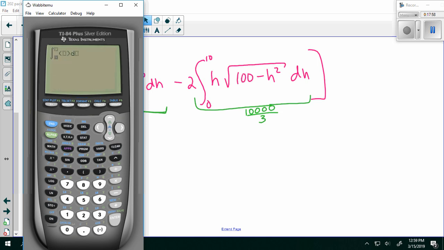Math 9, I'm going to integrate from 0 to 10 x times the square root of 100 minus x squared dx. Oh, it's 100 minus x squared, right? There we go.